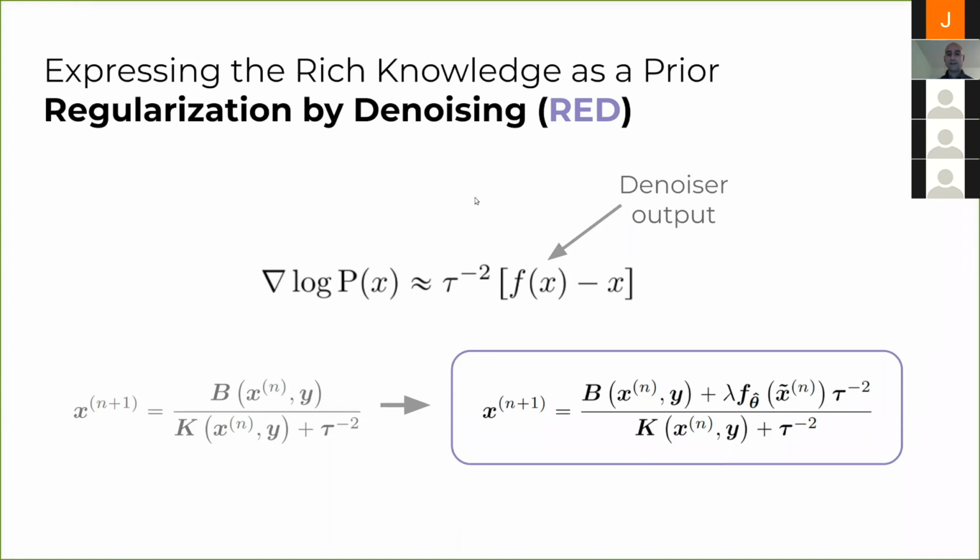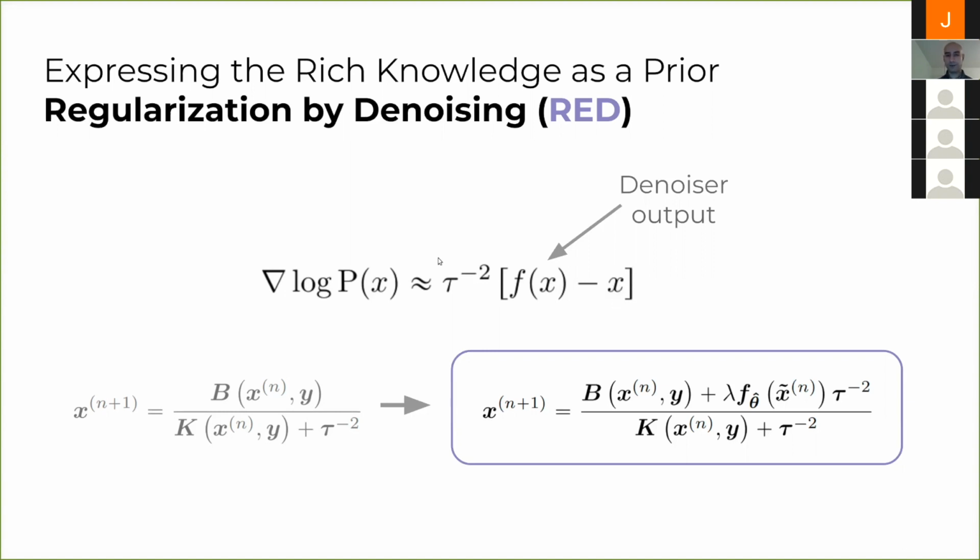And what we ended up with is a gradient of the prior that looks something like this. We say that the gradient of the log prior is approximately equal to this tau parameter times the output of the denoiser. So x is the input, the current guess, if you like, and that gets inputted into F, which is the denoiser, and then the output of the denoiser is placed here, minus the current image.